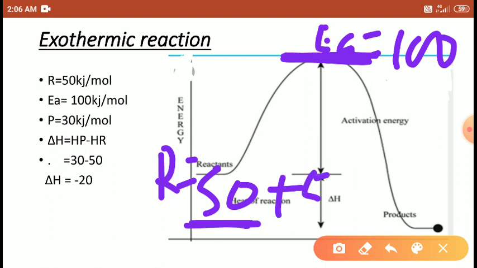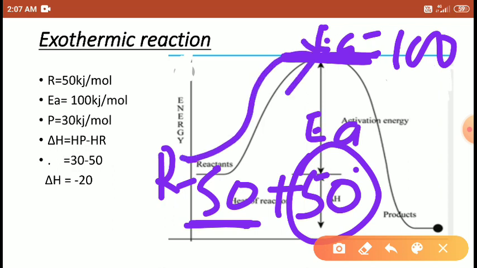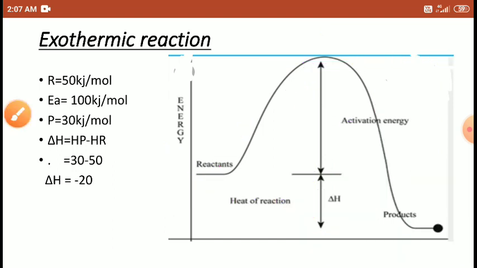If we add one more 50 kilojoule, this is what we call the activation energy. Then it easily reaches the activated complex state. After that it turns into the product P.